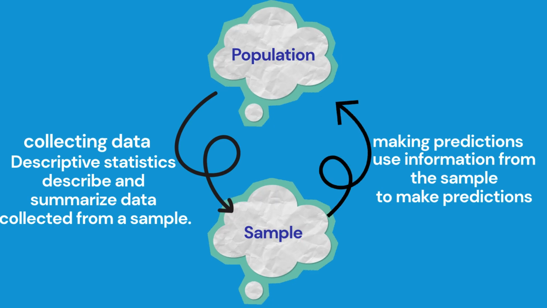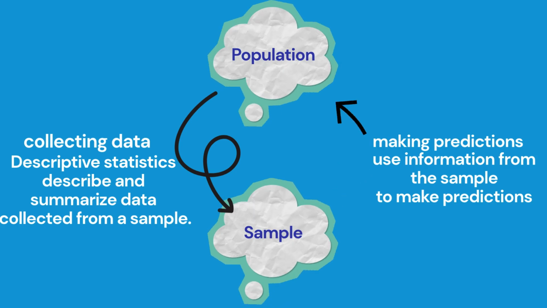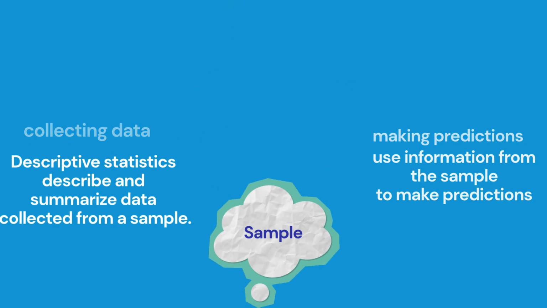From that sample, we collect data. This is where descriptive statistics come in. It helps us organize and summarize the information gathered from the sample using tables, charts, and key indicators. If we want to test hypotheses or predict trends, we use inferential statistics. But in this chapter, we will only stay in the world of descriptive statistics.